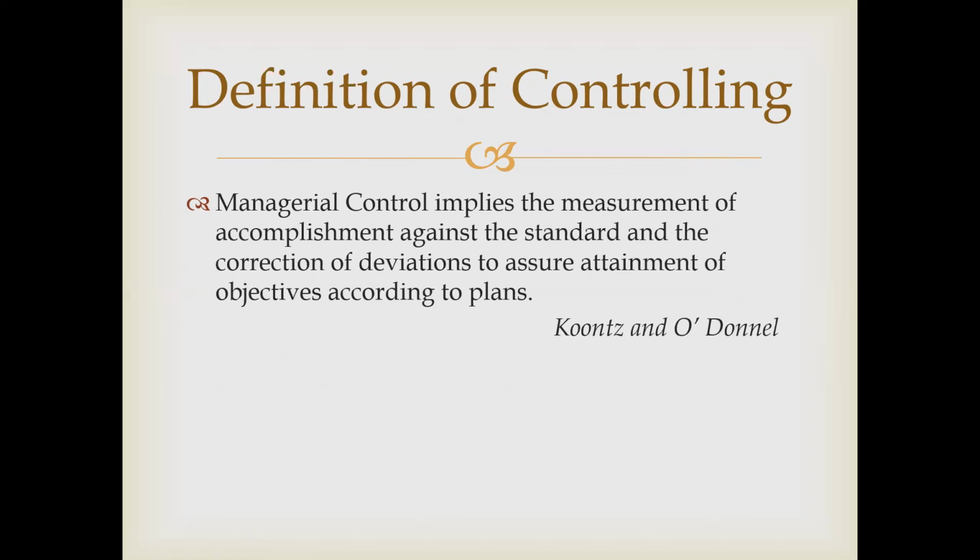So we are going to analyze the deviations कि हम अपने target से कितना दूर है, हमारा जो actual accomplishment है, जो actual result है, वो target से कितनी deviations है.